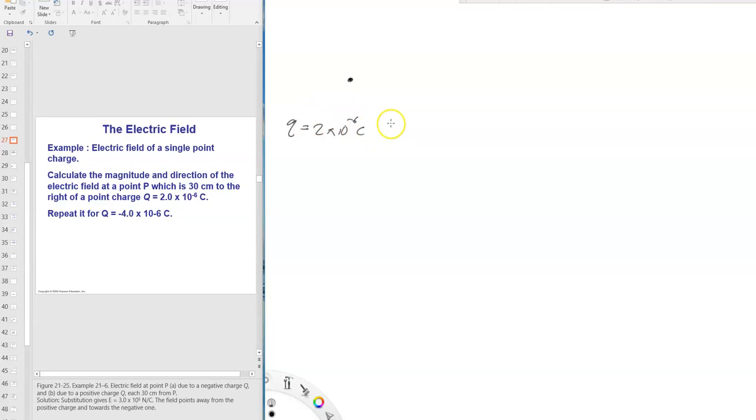We want to find the electric field at a point 30 centimeters to the right. This point here is point P, 30 cm away from the charge. The question is, what's the electric field at this point?